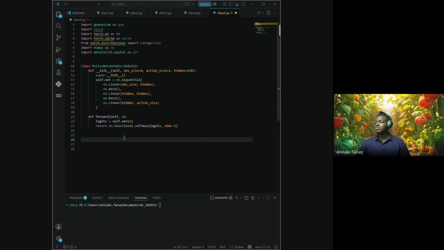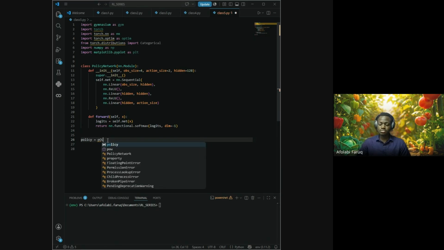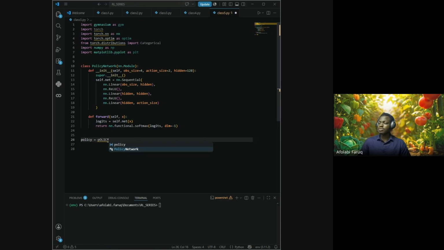Maybe you may want to do some little things. I may want to call this function policy network. I may have just a state. Let's say this is an observation state, for example.